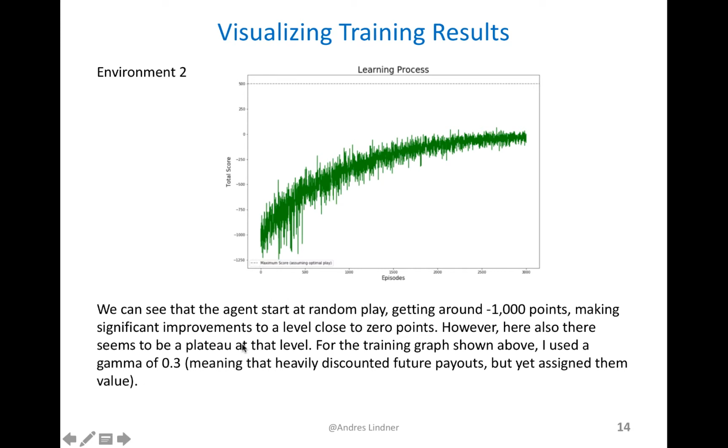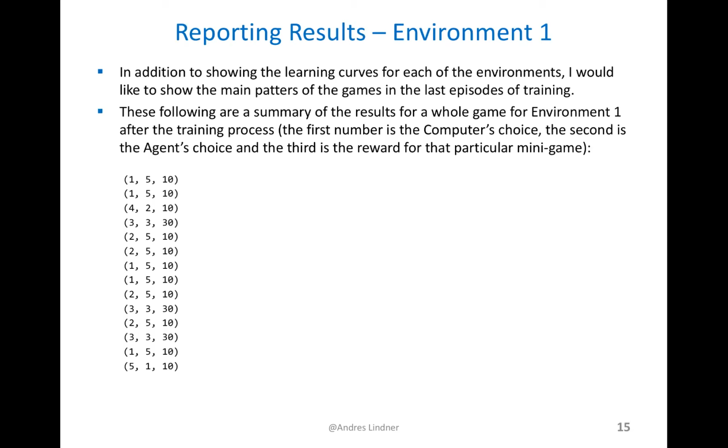And for environment number two, I tried to convey the importance of this sort of strategic play and say, okay, there is some discount, but actually future scores are related to the current decision. So it's not just affecting the current score, but each decision also might affect scores in the future. So let's go over the results for environment number one.